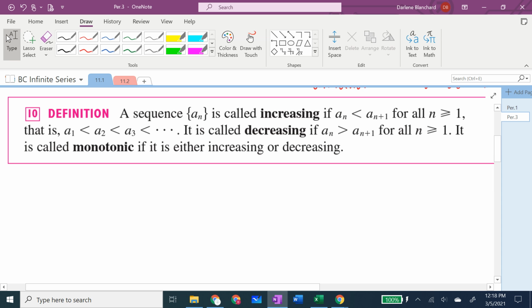Know that the AP test will often use the word strictly in front of these words to make sure to clarify that you are not dealing with an or equal to. So if you see the word strictly increasing or strictly decreasing or strictly monotonic, they mean that it is for sure always the next one is bigger or the next one is smaller.